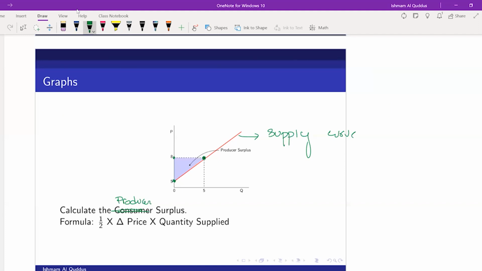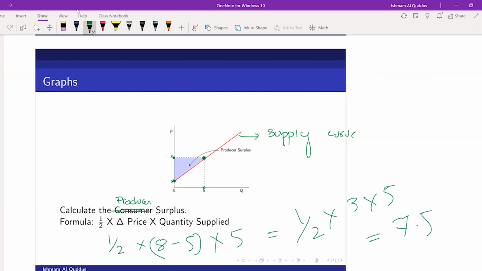It would be half multiplied by the change in price, here 8 minus 5, multiplied by the quantity supplied, which is 5. So this is half multiplied by 3 multiplied by 5, which is 15 divided by 2, 7.5.